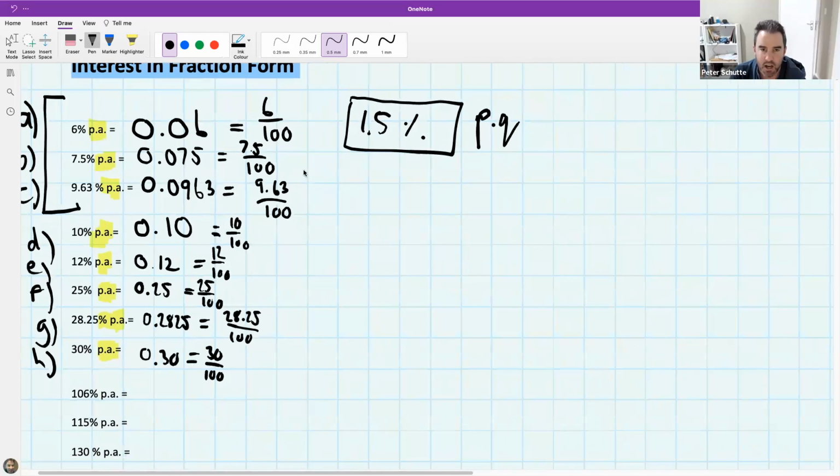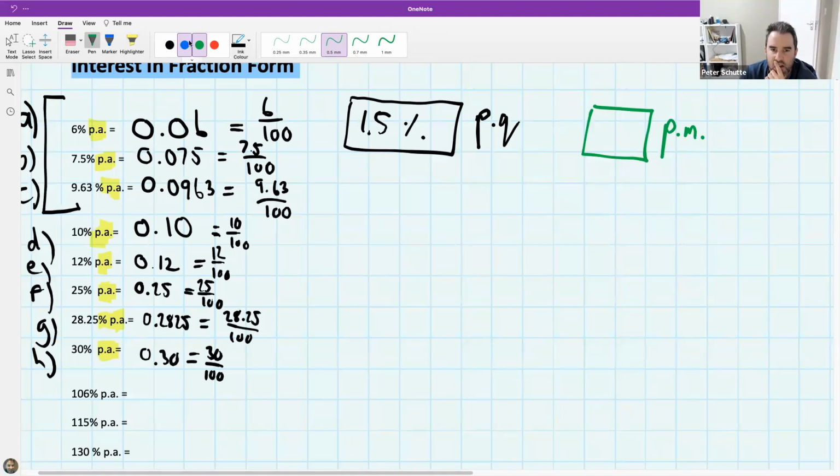Now, I want to do another one like this, except I want the next one to be per month, PM. So what do you think my interest rate per month will be if I'm converting it from an interest rate per year down to an interest rate per month? What's that going to be?